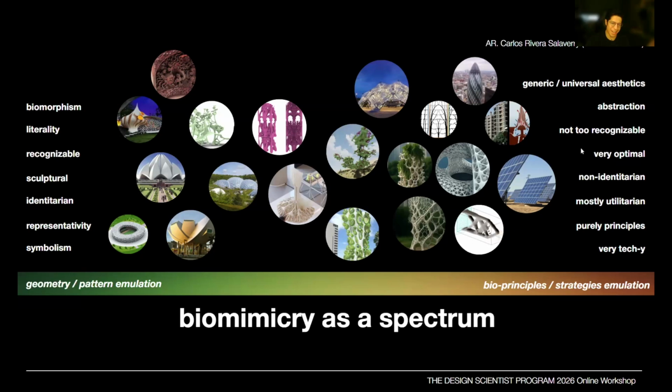So here at this end, we have a more generic and universal aesthetics. We have extreme abstraction, like nature's language is not too recognizable, but we have this factor that what we are creating here is very optimal, and mostly utilitarian as well, because it's based on purely scientific principles.